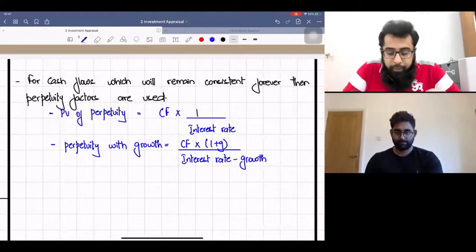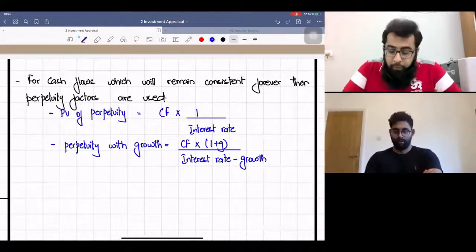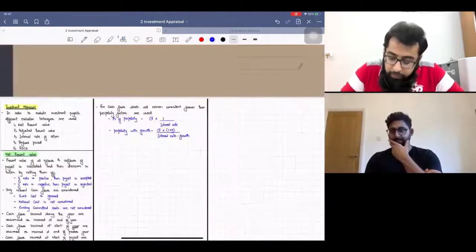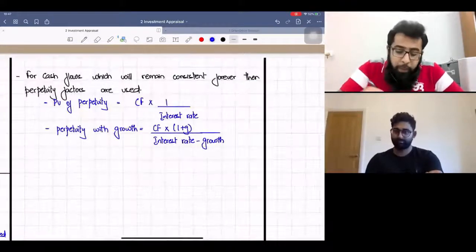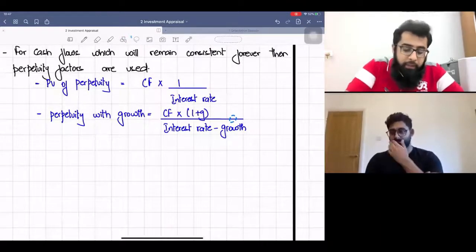And perpetuity with growth, you will use 1 plus growth, and from denominator you will remove growth rate from the interest rate. Because the basic reason is that some portion of your cost of capital will be financed through the growth rate, so we remove the growth rate percentage from our cost of capital.